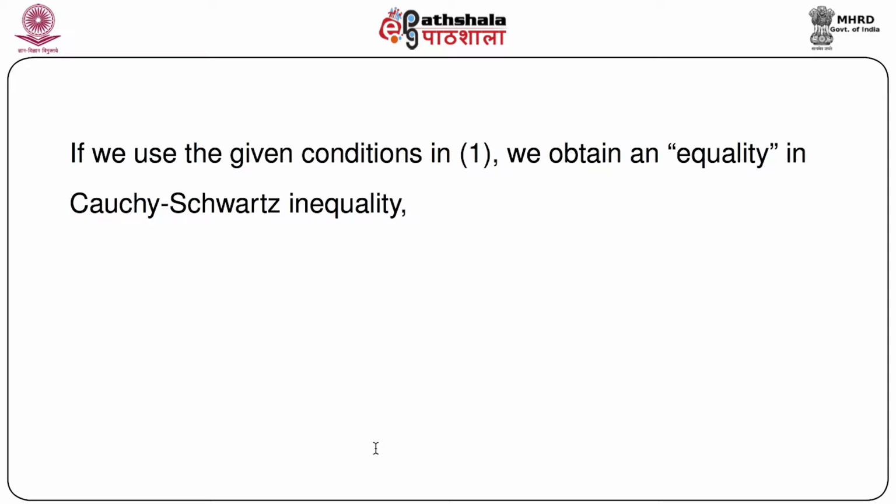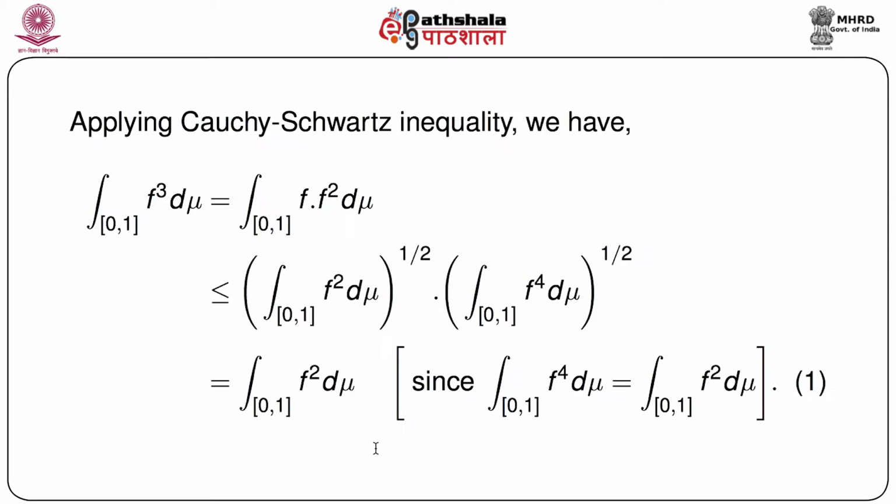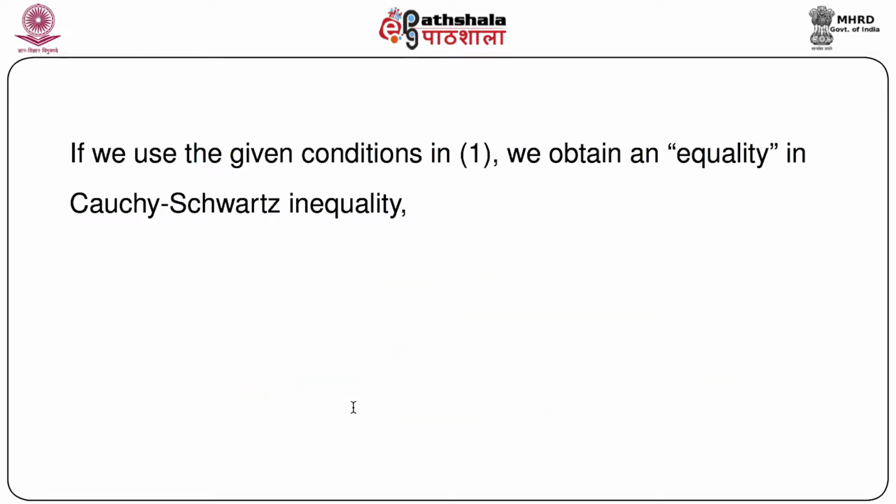Now if we use the given condition in 1, the integral of f cubed dμ is equal to the integral of f squared dμ, and by the Cauchy-Schwarz inequality it is less than or equal to it. So naturally this can happen only if the equality case of the Cauchy-Schwarz inequality holds. That means in this case we get an equality situation in the Cauchy-Schwarz inequality, which is very natural given the problem.